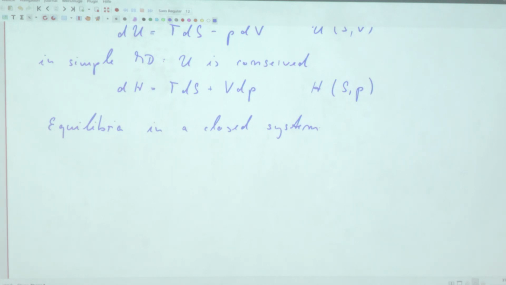If it stays constant, nothing changes anymore, and then we are in what we call an equilibrium. So dS equals 0, and since it's increasing, S goes to a maximum, for given U and V, for example.